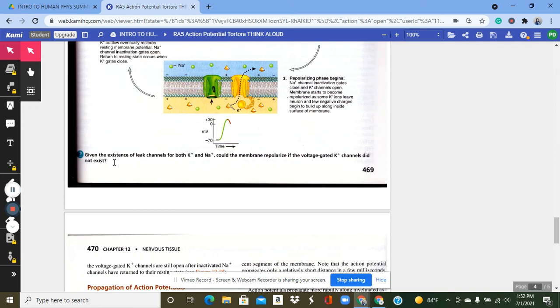And if I remember, it was mentioned in the previous text that some mammalian myelinated axons only have a few voltage-gated potassium channels.